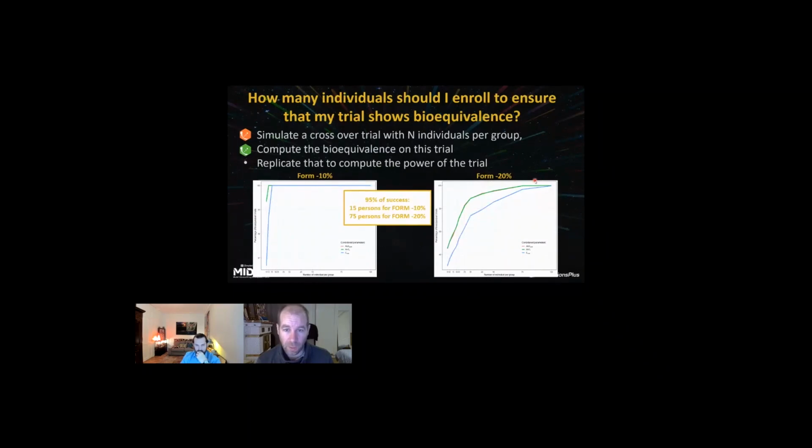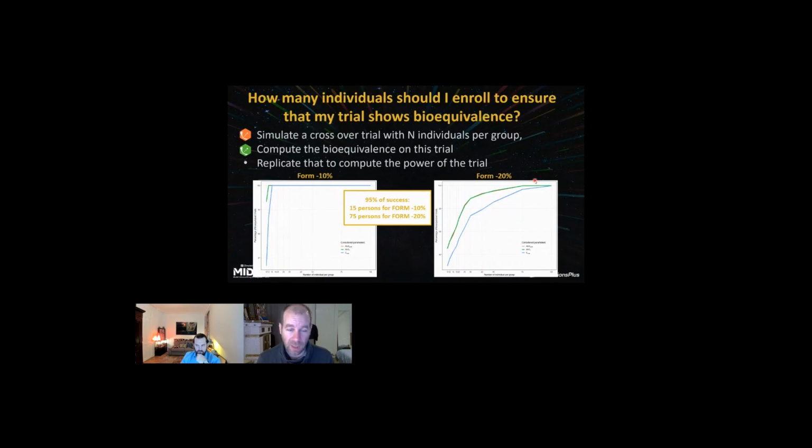As we are just making a sample, so we tried 10, 12, 20, 100, we are just making draws of a specific number. If we draw another 20 people of the same trial, that's not going to be the same individuals. So what we want to see is the variability or the uncertainty associated with that.